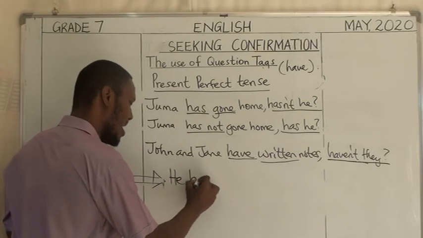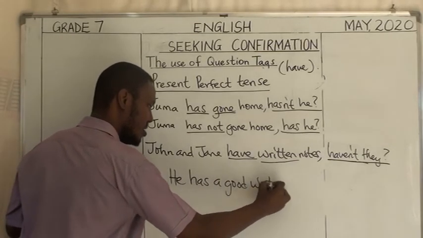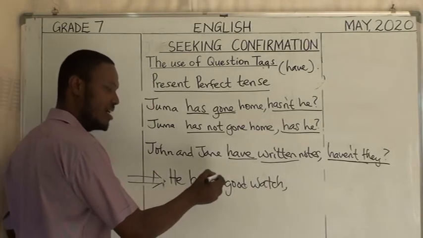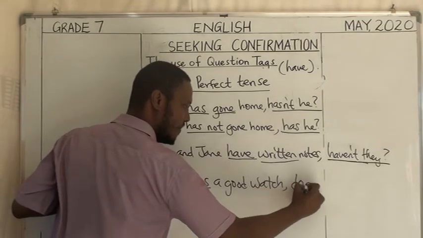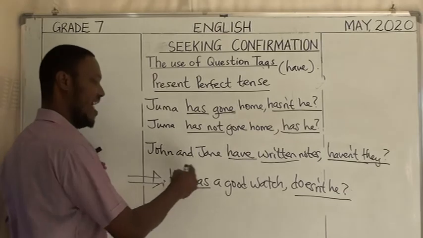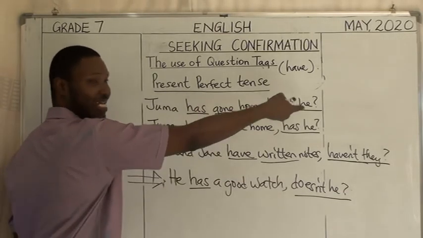He has a good watch. Now this one is a main verb, it shows possession. He has a good watch, doesn't he? Juma has gone home, hasn't he?